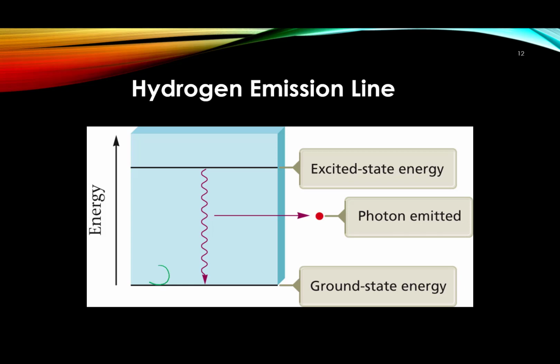This is hydrogen at the ground state. It absorbs the energy and goes up to an excited state. That's an excited state hydrogen, and it will eventually come back down. And once it comes back down, it releases the energy in terms of light.